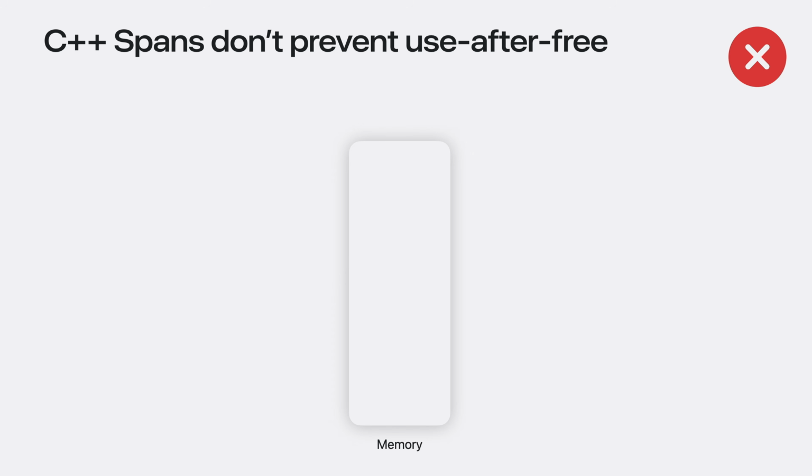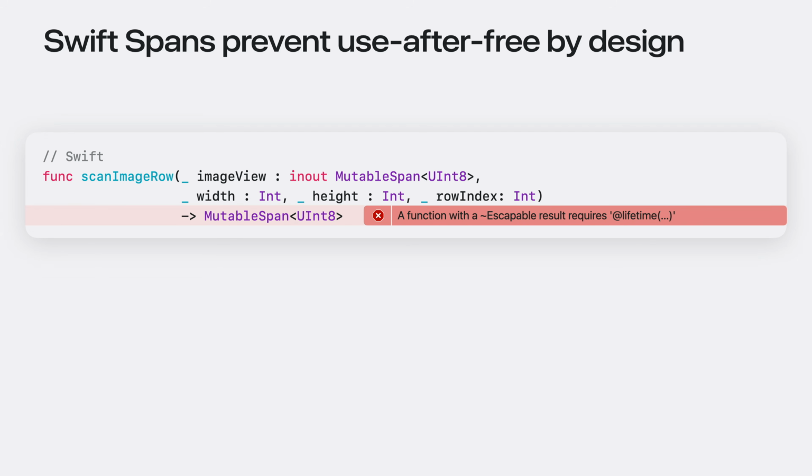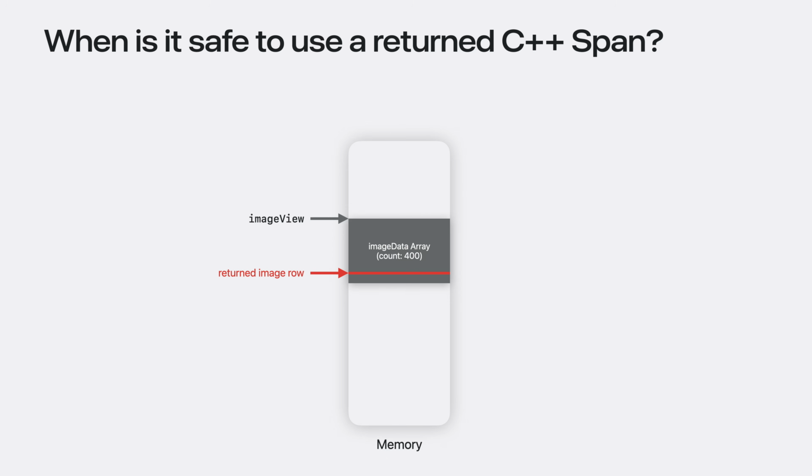This bug wouldn't be possible if the return value could be treated like a Swift span instead of a C++ span. That's because the compiler won't even let me return a Swift span unless it knows that the returned memory is still valid, and so it's still safe to use. So when is it actually safe to use the return span? It points to part of the same memory as the image view parameter.